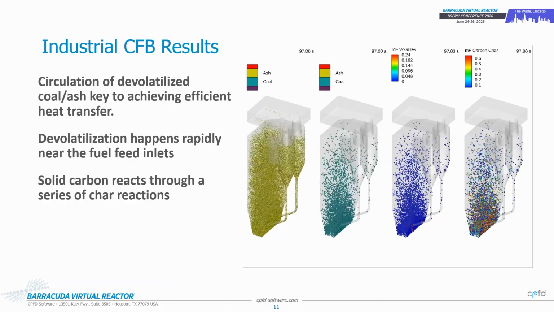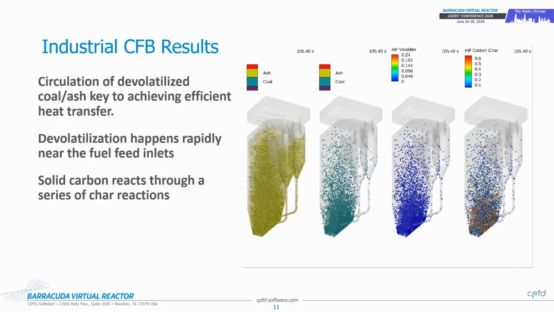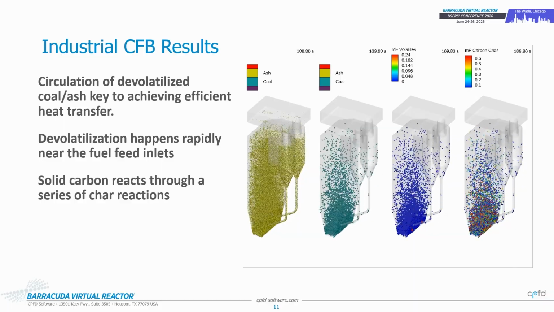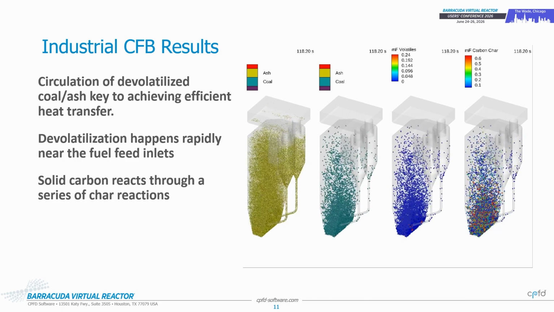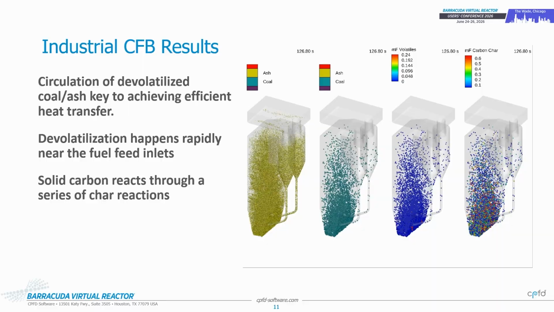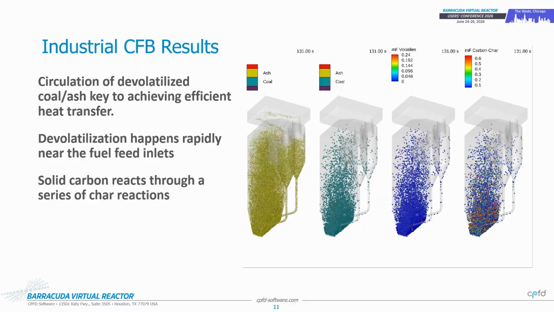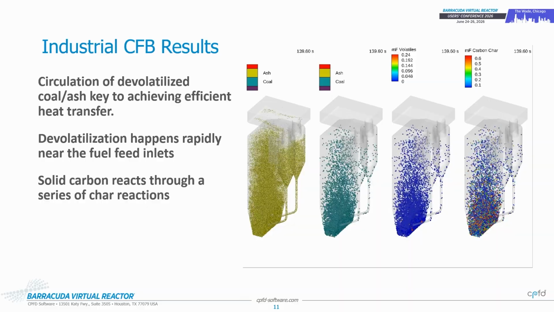I do want to point out that this plot here shows the mass fraction of our volatile species. And so we can see this is where the coal feed comes in, consisting of a mass fraction of about 0.24. Those volatiles are released very rapidly, and so those red particles dissipate quite quickly as they enter the bed.